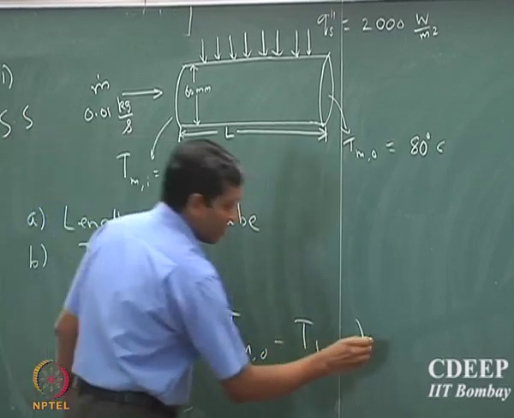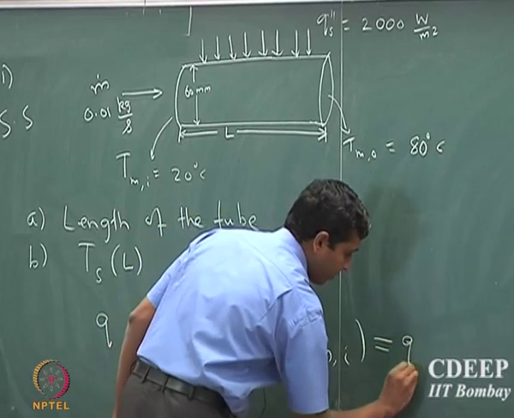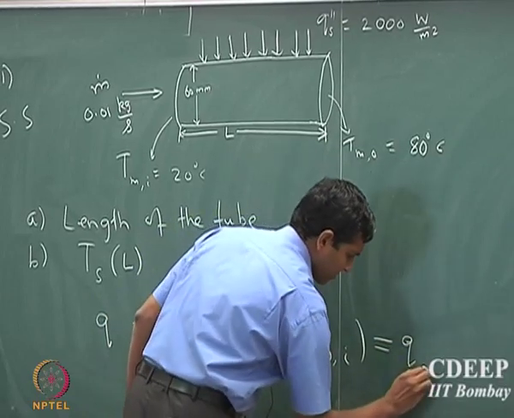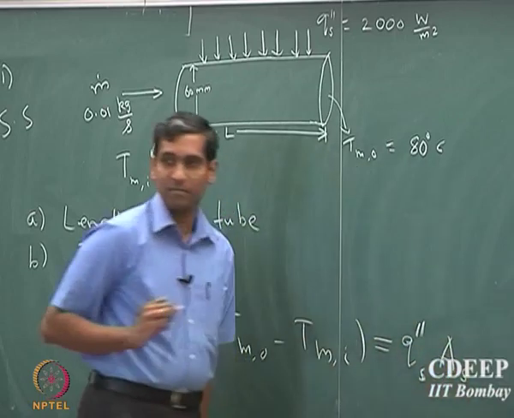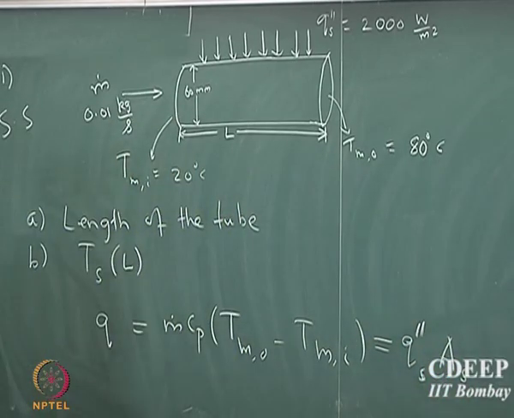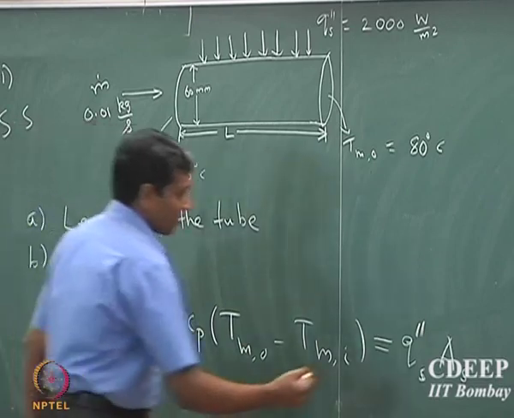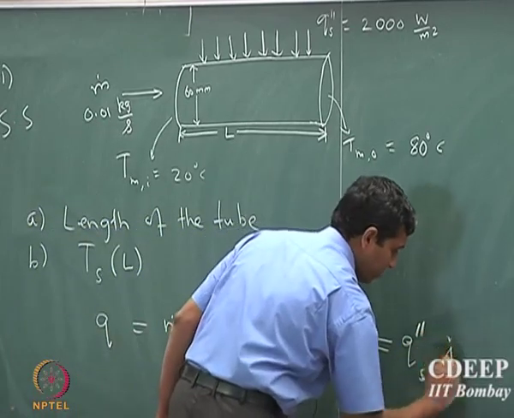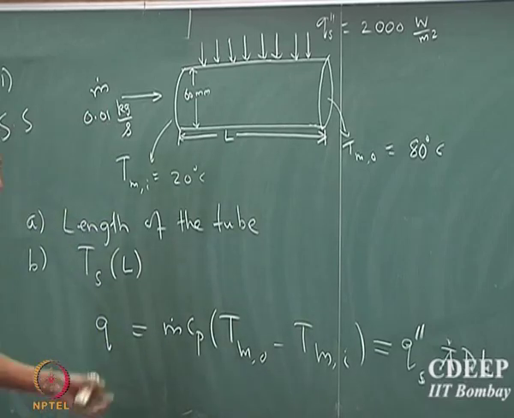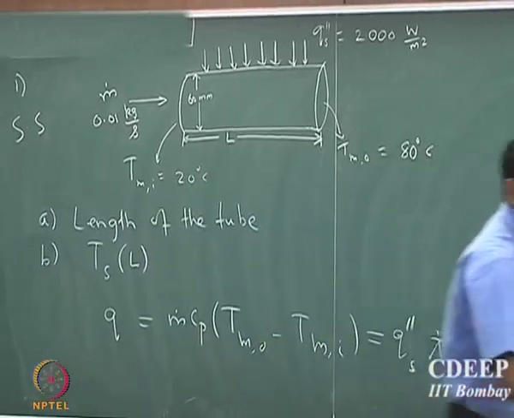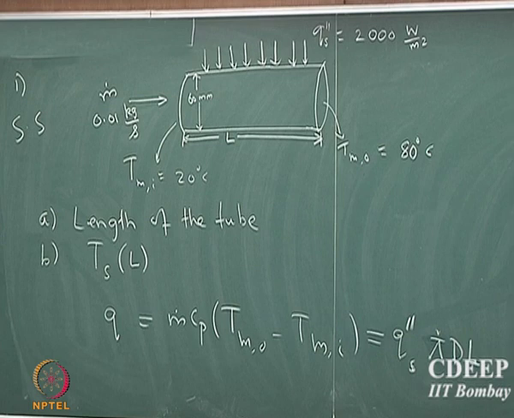But that's also equal to the amount of heat Qs prime into the curved surface area, right? So that's given by pi d L, so that's pi into d into L. So we have all the information. M dot Cp is given, so I can put the numbers here.